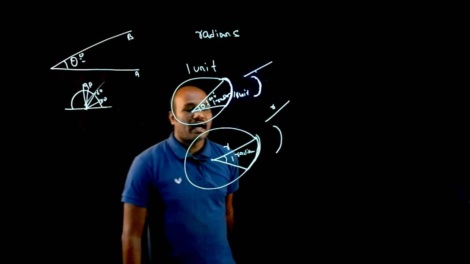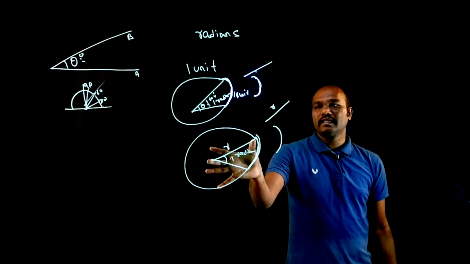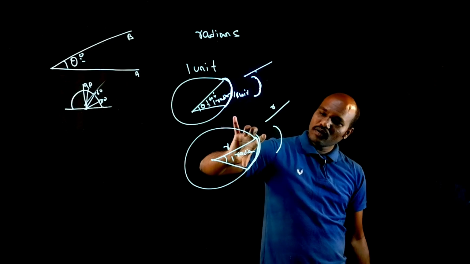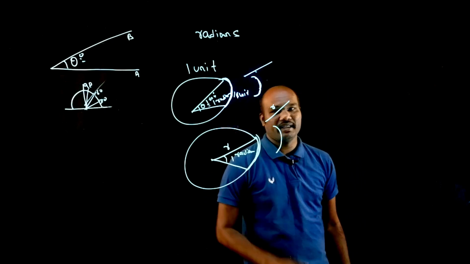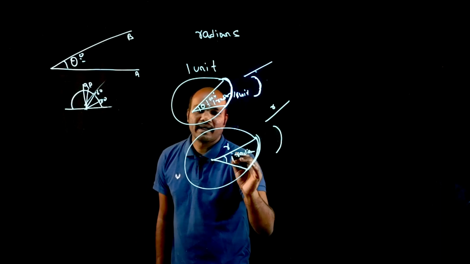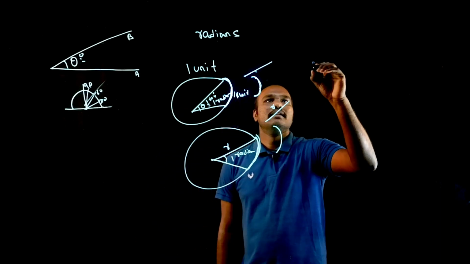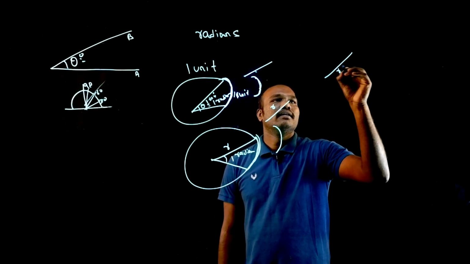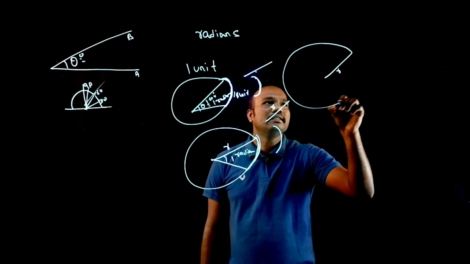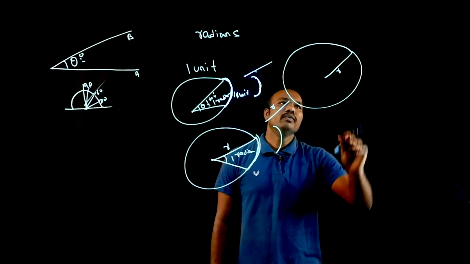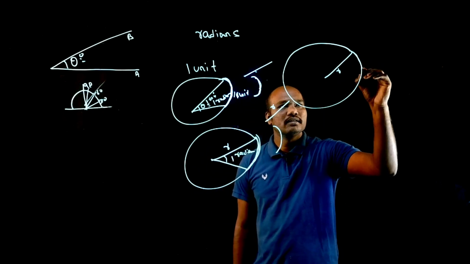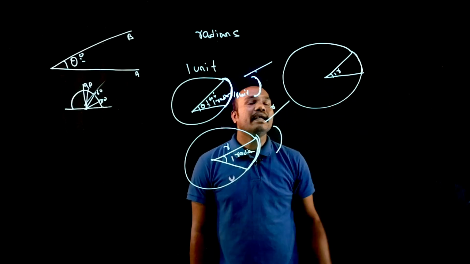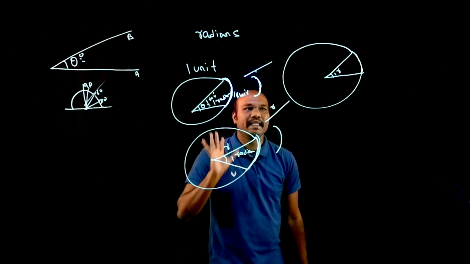Do you get it? Let's draw another one. Let's take another circle with radius R. We bend this and mark it. What is this now? This is called 1 radian.